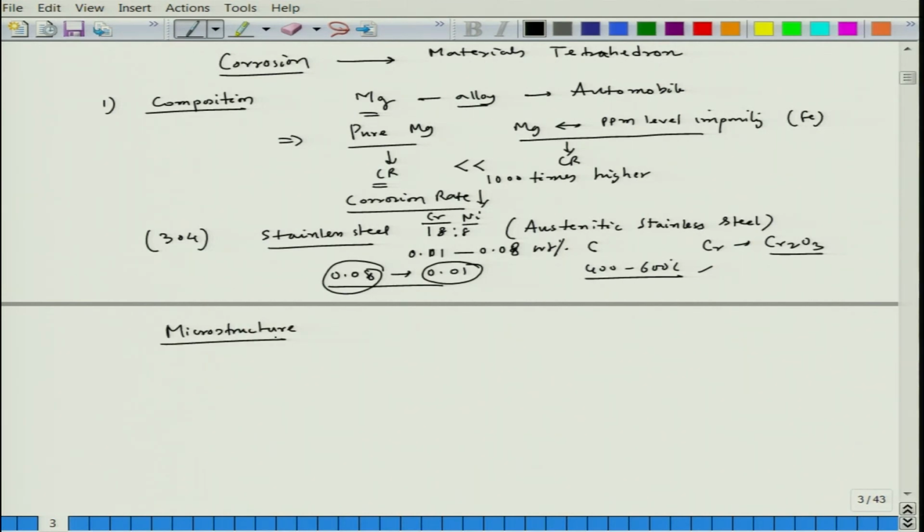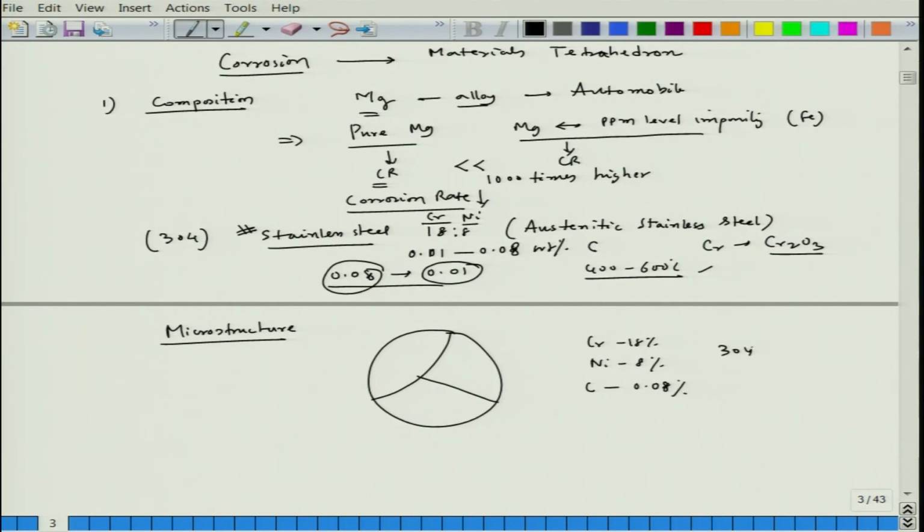Microstructure. Now, we can take this example. Stainless steel, if we see the microstructure, it is like this. If it is in the solution condition, that means chromium 18%, nickel 8%, carbon 0.08%, this is called 304 stainless steel.